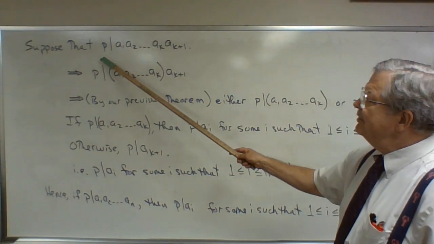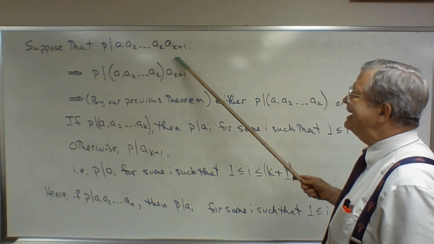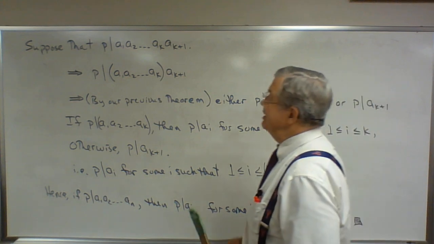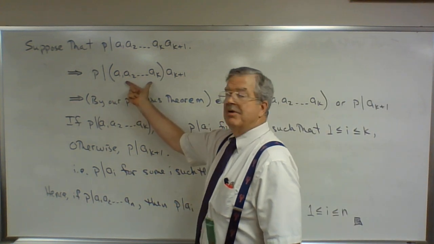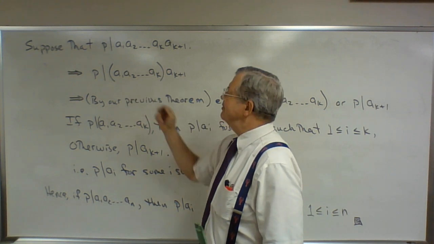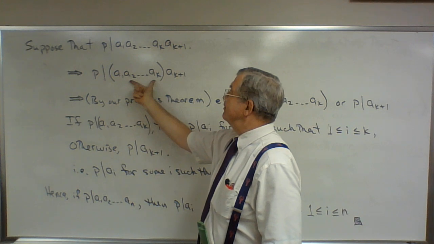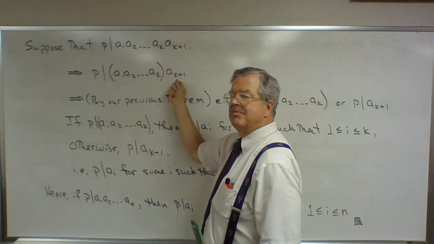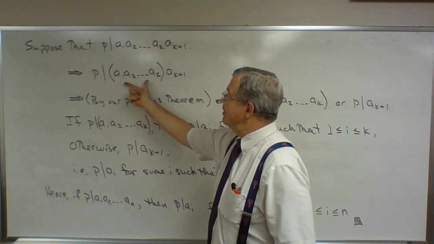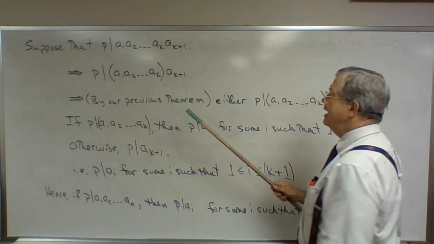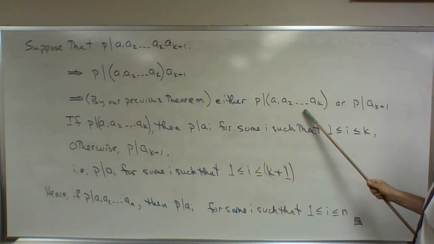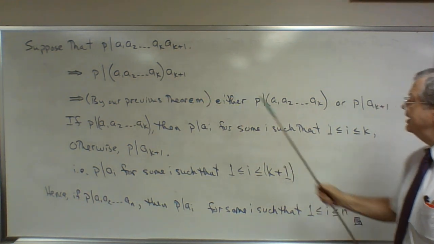Okay, suppose that P divides the product of k plus 1 integers. Well, that's the same thing as saying that P divides the product of the first k times the k plus first. But we can look at this product as the product of two integers. And by our previous theorem, that tells us that either P divides the first or P divides the second.